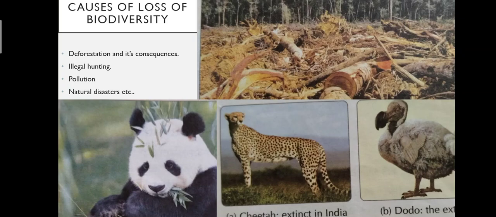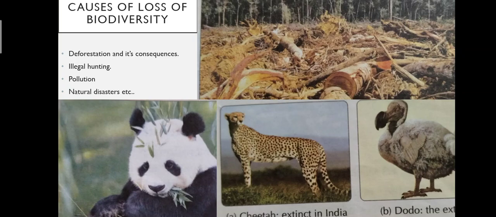Next, it will decrease the water holding capacity of soil. Next, as we know, forests are the natural habitats of many species of animals. So cutting down the trees destroys their homes, which results in a threat to their survival.